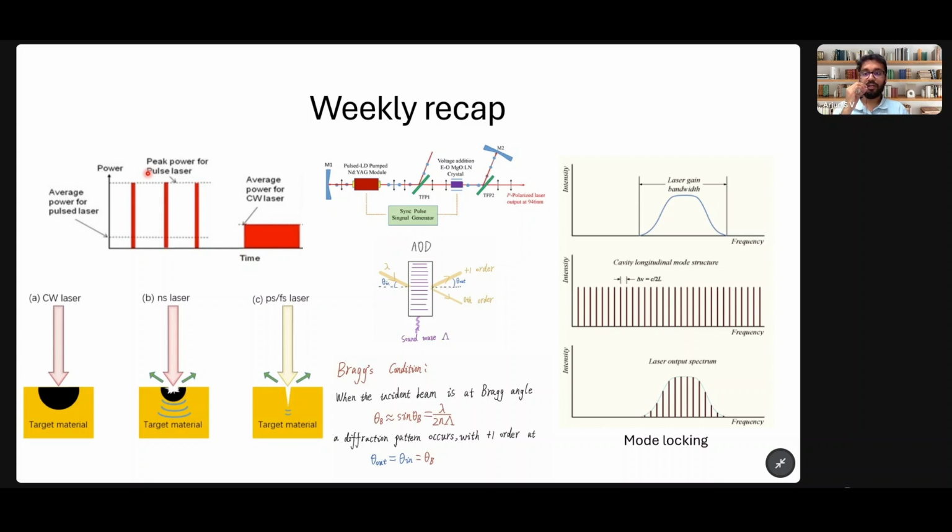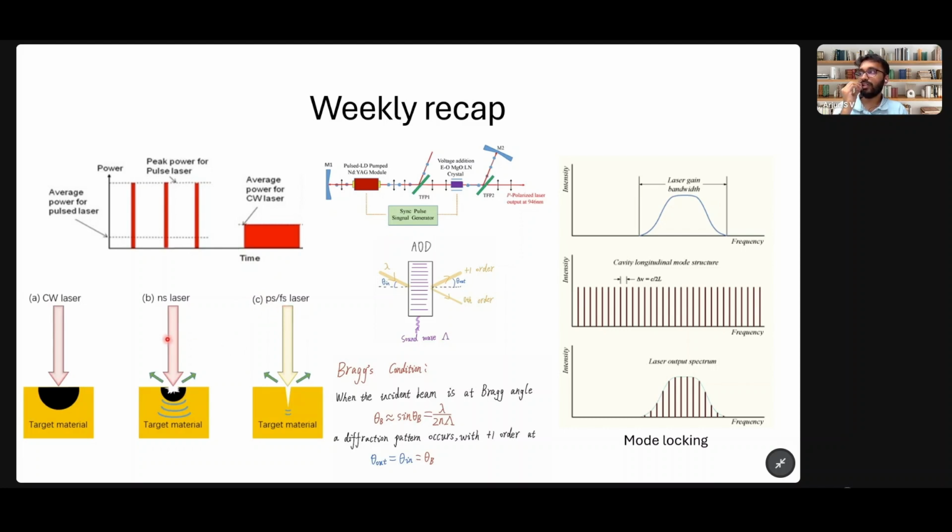Pulse lasers can be differentiated into several types depending on their pulse width, mainly your nanosecond laser as well as your picosecond or femtosecond laser, where the pulse width keeps reducing, in terms of 10 power minus 9 to 10 power minus 12 seconds.